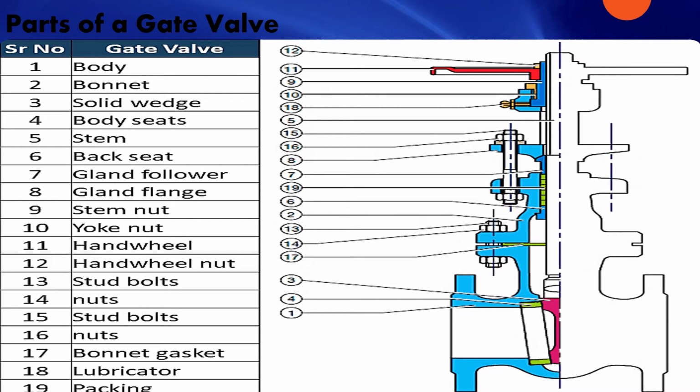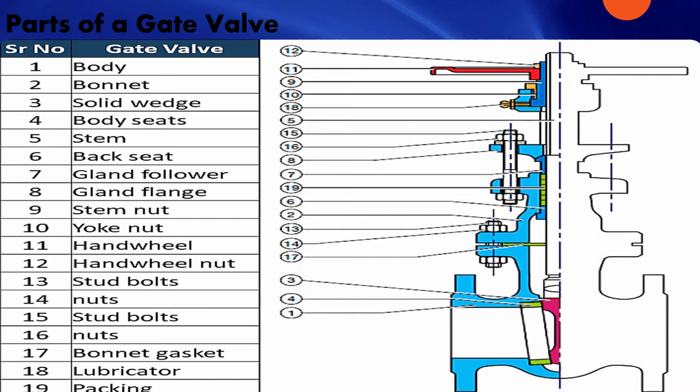The parts of a gate valve. Here I have talked about 19 different parts of a gate valve. Starting from the bottom, there is the body of the gate valve. Then, going from bottom to top, there is a bonnet, and then a solid wedge at number 3.